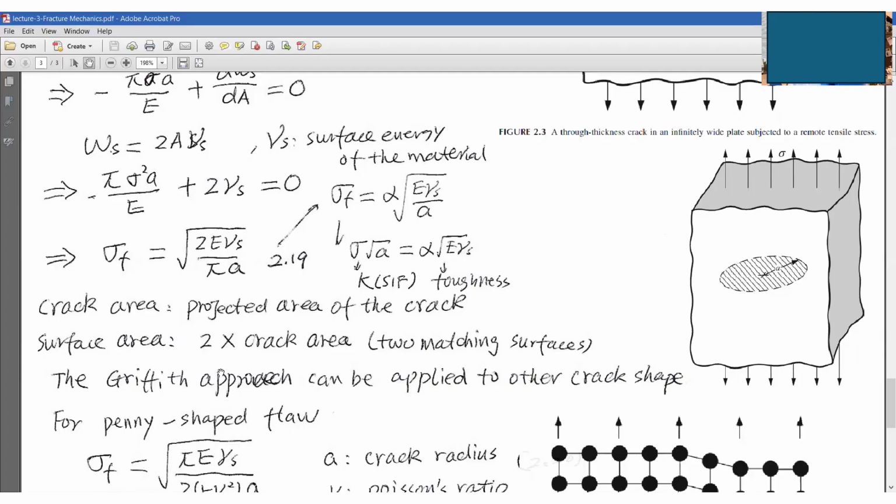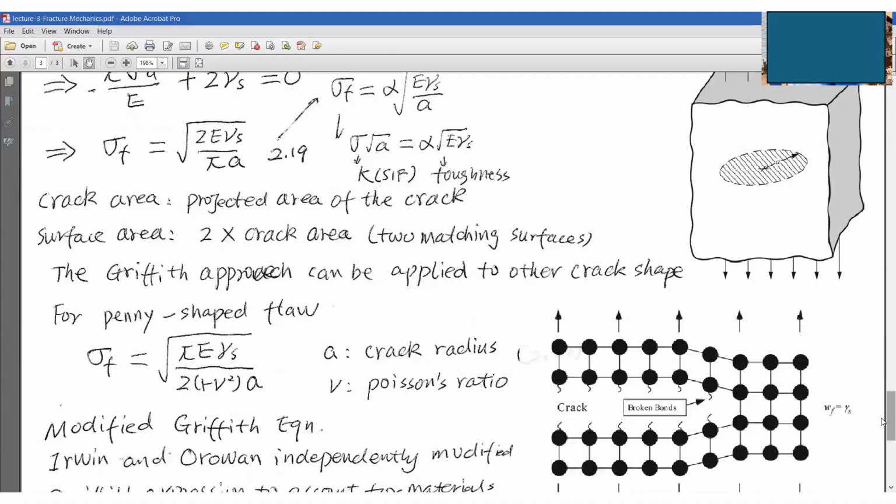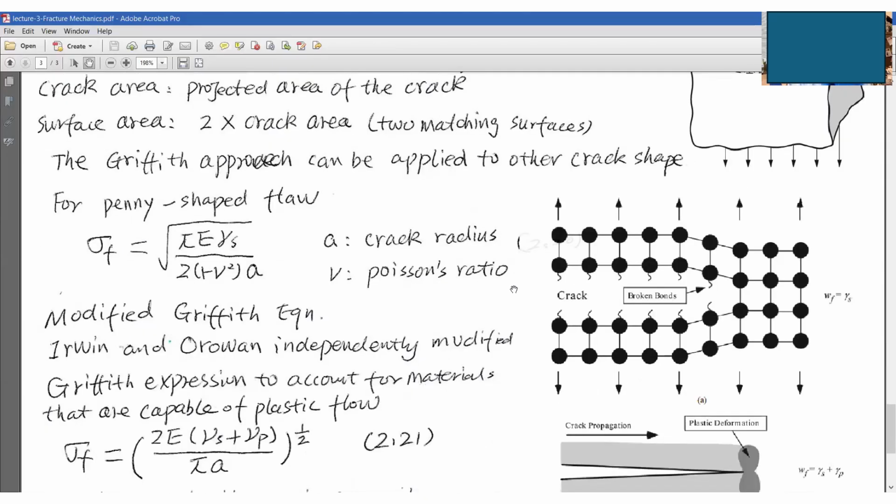They are matching surfaces. And you should know this, crack area is the projected area of the crack, right? And surface area is double the crack area. Any questions so far?